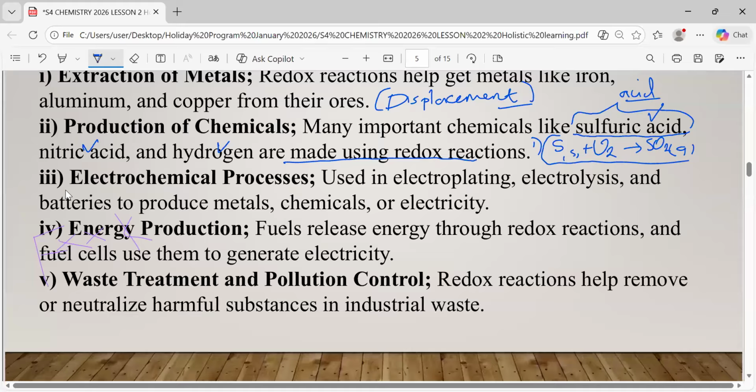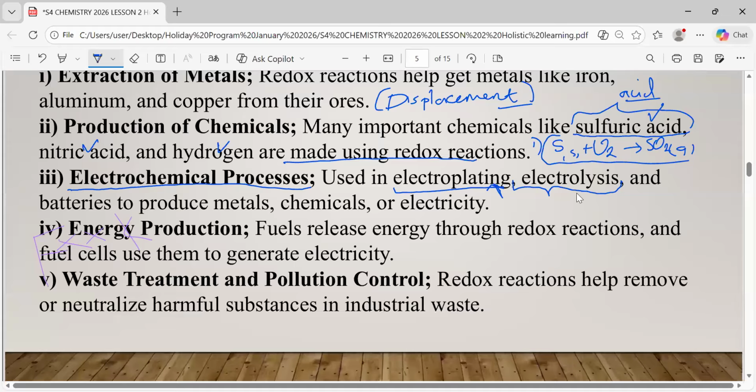So the third point is saying that another application of redox reactions is under electrochemical processes. These redox reactions are used in electroplating. I believe this is one point we looked at when we were dealing with rusting and prevention of rusting. Then electrolysis, as I said last time, will be our next session, marking the end of this topic, next Monday.